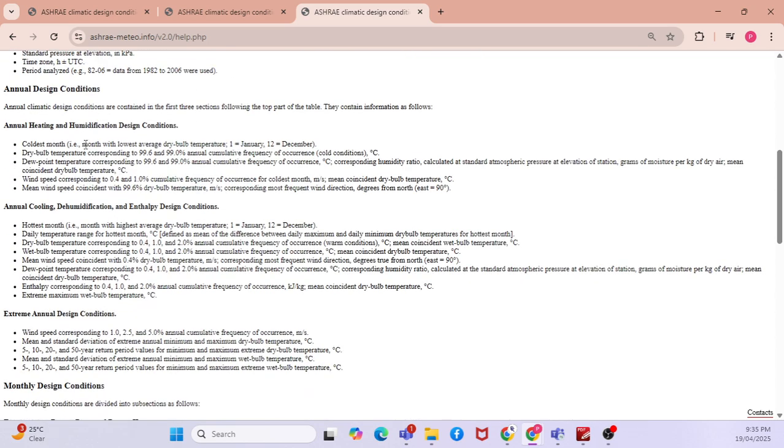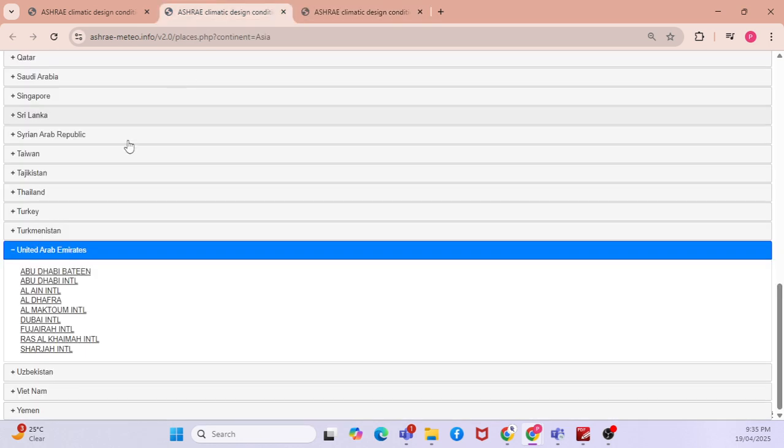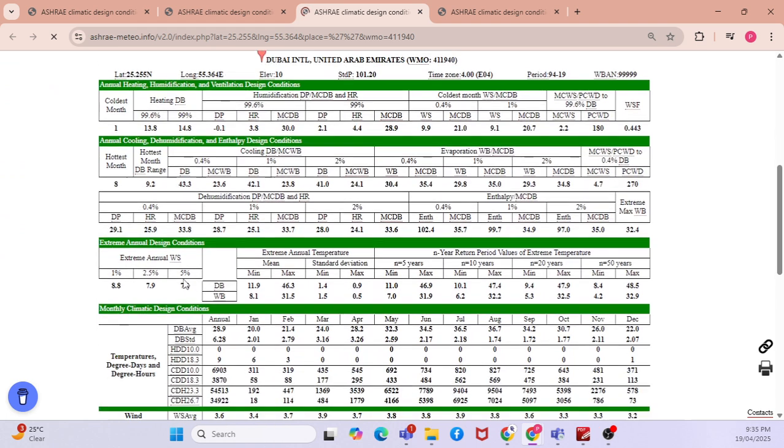Here, what it is saying, 1 means what? January. 12 means what? December. Okay. Can you say what do you mean by 8? August. Yeah, August month.